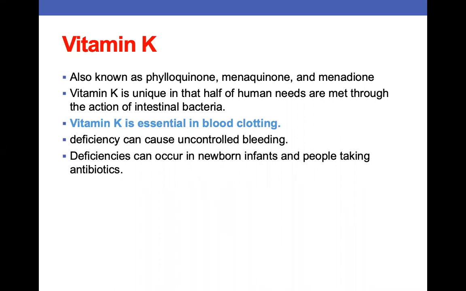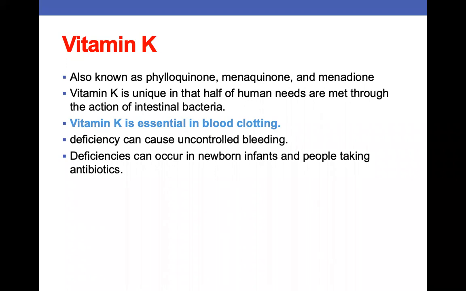And because it hasn't made that bacteria yet, the gut bacteria isn't present to make vitamin K. And so that's why in newborn infants, it's very important that I believe we give them an injection to make sure that they get vitamin K, because they don't have the gut bacteria to make vitamin K.